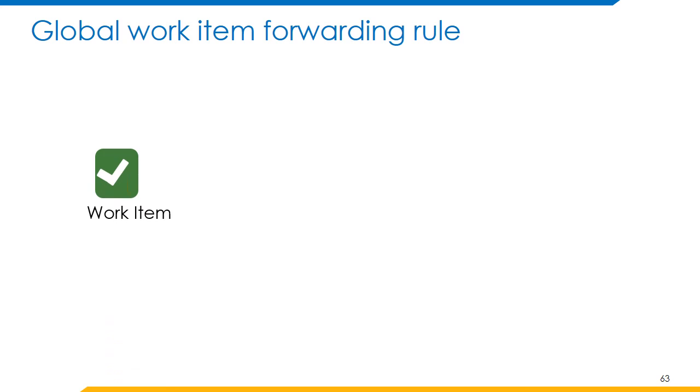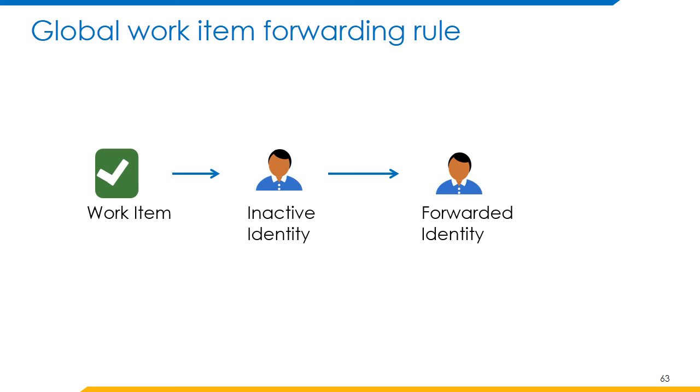Global work item forwarding rule. Usually, the work items could be forwarded to some other identity for further verification, reconsideration, or delegation. The global work item forwarding rule enforces a singular policy across all the work items in Identity IQ regarding how to forward the work item.